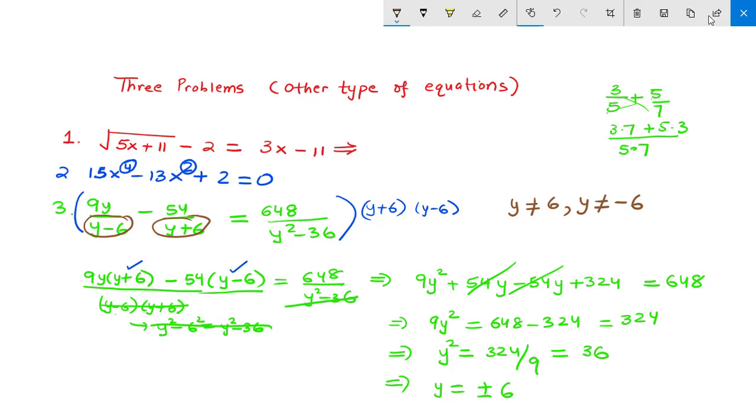So whenever you have a solution, check, plug in the denominator and check it doesn't make the denominator 0. Similarly, on the right side also, 6 and minus 6 make the denominator 0. So they can't be the solution. It means the solution set in this case is empty. Empty set. So the solution set is empty, nothing, or you can say no solution.